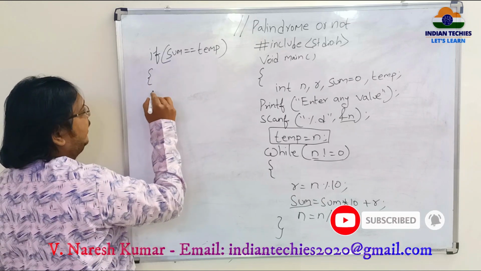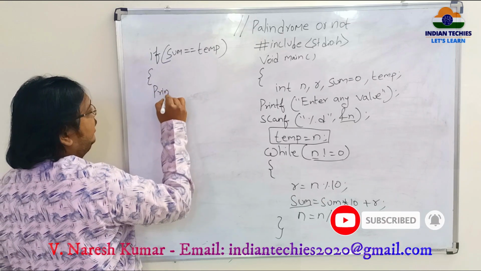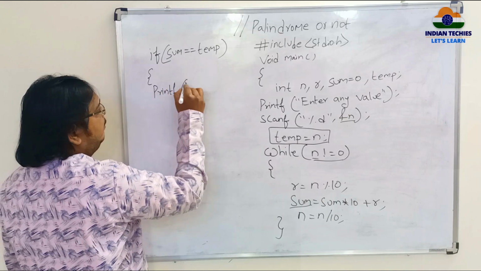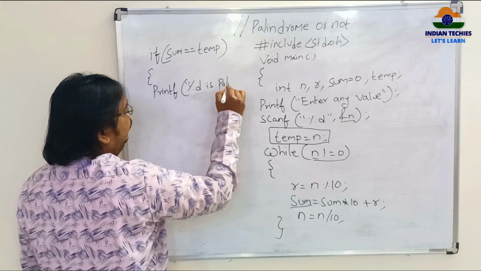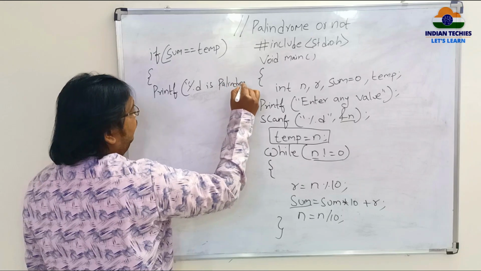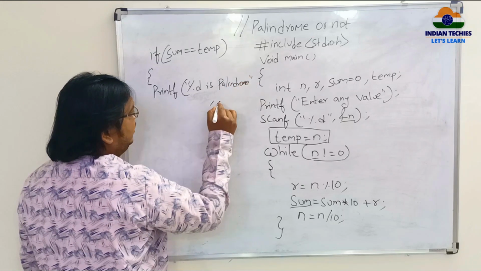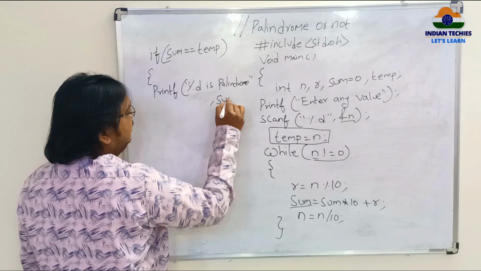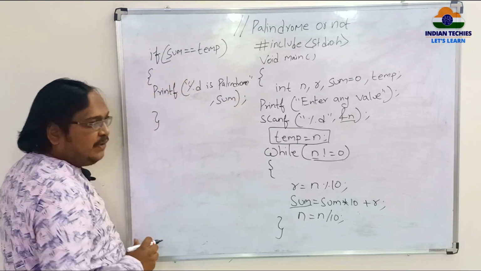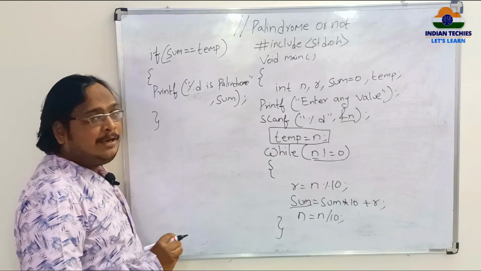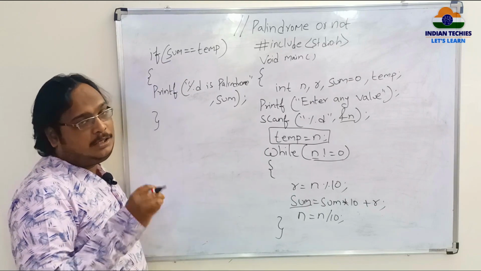If both are the same, then you can write printf "%d is palindrome". Who is this %d? That is sum. Suppose this condition is false, the meaning is given and reversed are not the same.